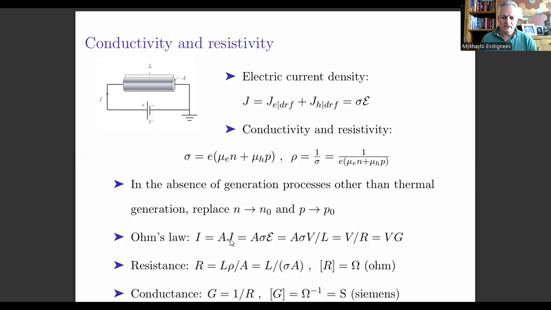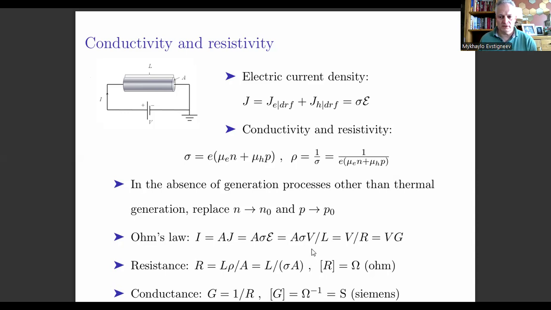The current density is conductivity sigma times the electric field that exists inside the material. And the electric field is the ratio of the voltage across the material, V, to the length of the material, L, so V over L. And so we see that the current is proportional to voltage.